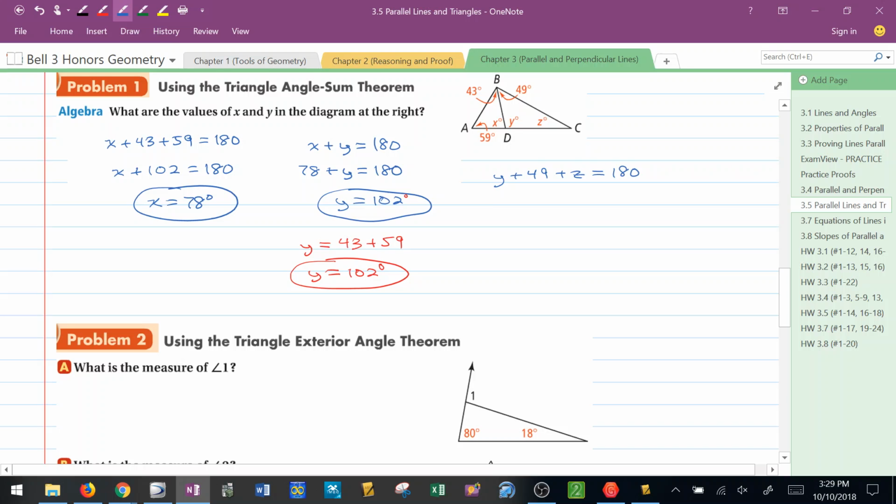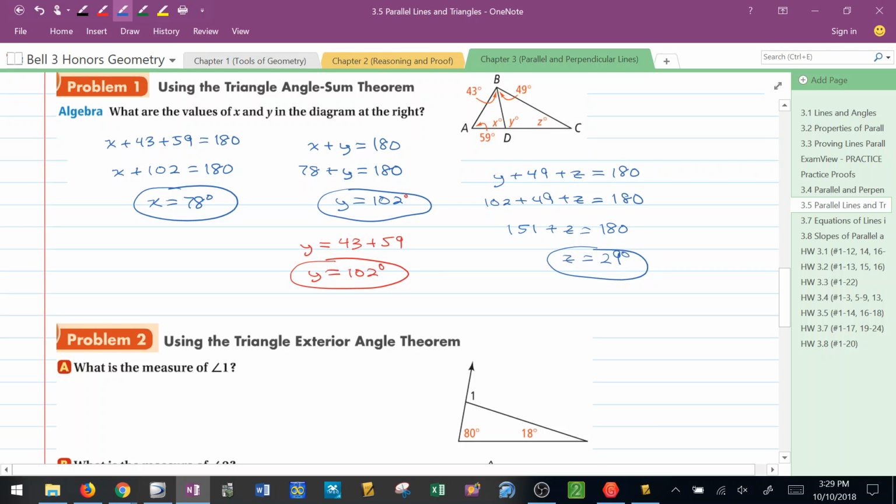I'm going to substitute the 102 in for y, and then solve for z by combining like terms. 151 plus z is equal to 180, and subtract 151, and I get z is equal to 29 degrees.